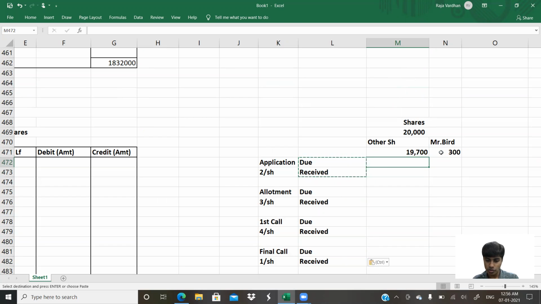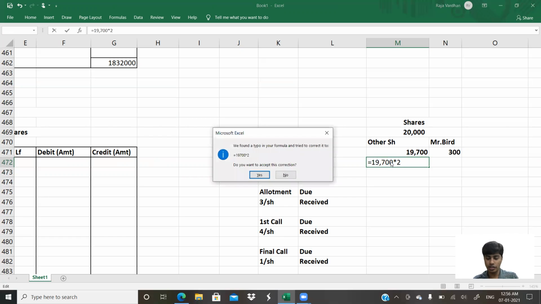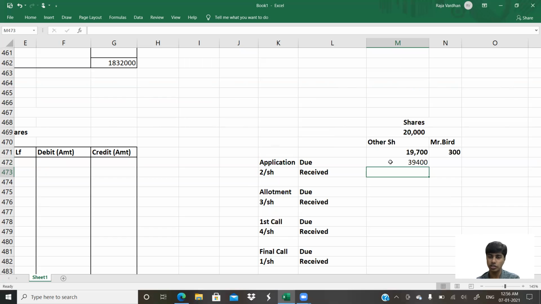So on application, how much is receivable by you? You are supposed to receive 19,700 shares into 2. I forgot to put equals in the beginning. For 19,700 shares you are supposed to receive 2 rupees per share, 39,400. Did you receive the same? And here you are supposed to receive 300 multiplied by 2 rupees per share, 600.